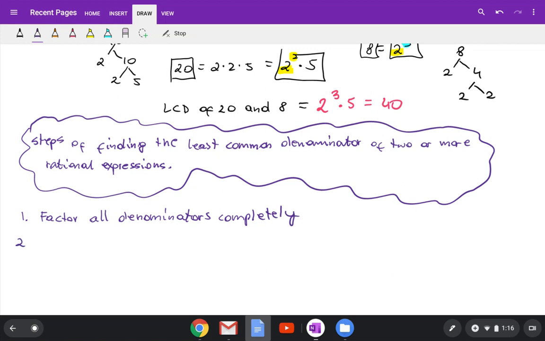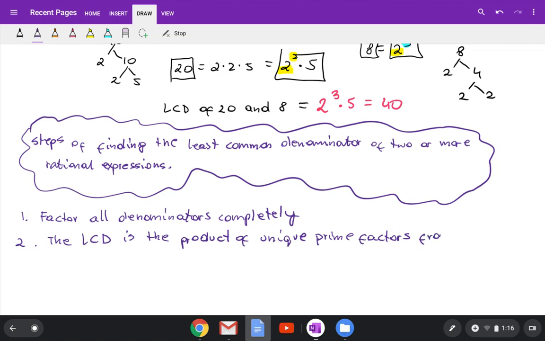That's step one. Step two, the least common denominator is the product of unique prime factors, which means you cannot skip any factor. Prime factors means you factor completely, so there's nothing else you can do with them.